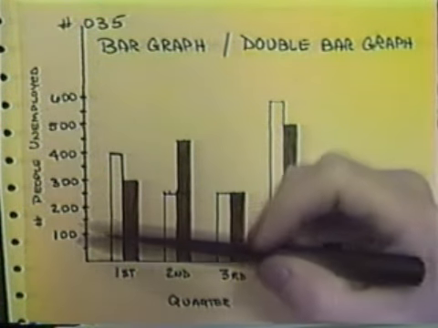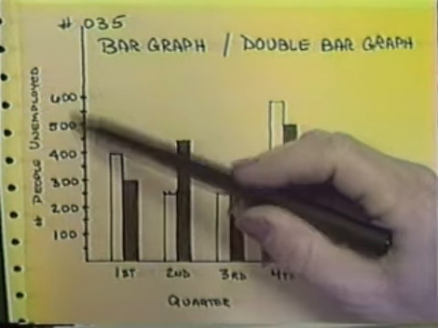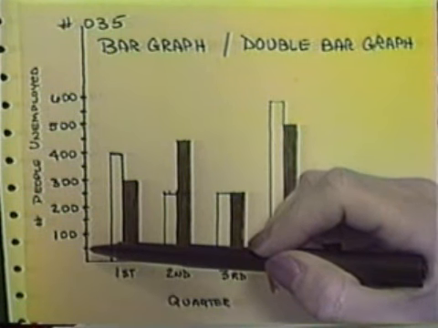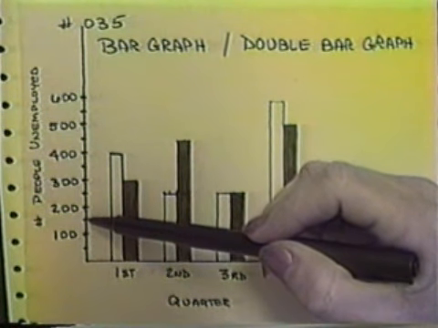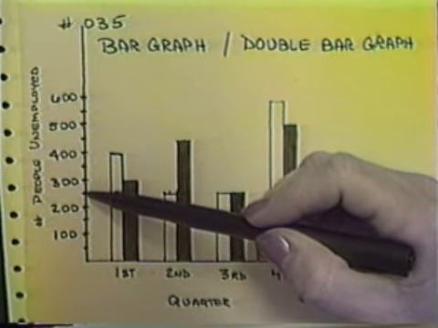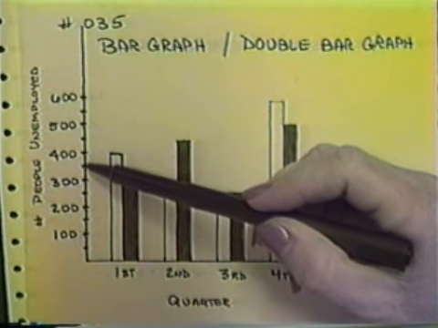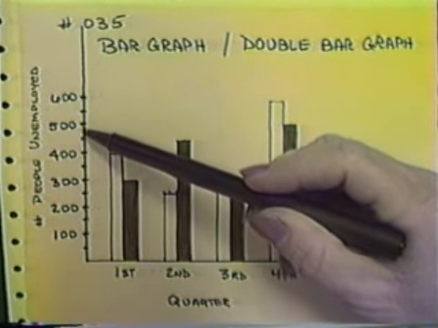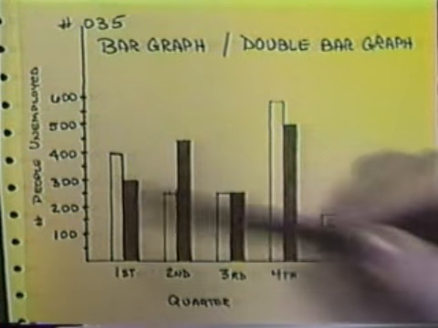Now this over here represents the number of people in hundreds. So we start off, this would be 50, 100, 150, 200, 250, 300, 350, 400, 450, 500, 550, 600.